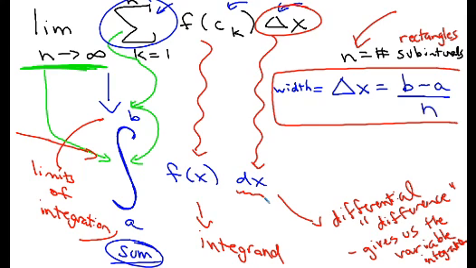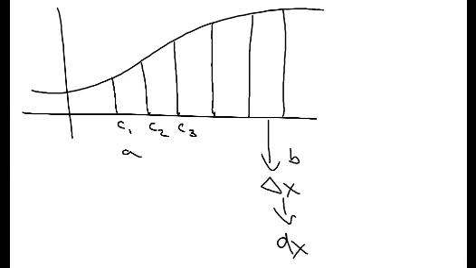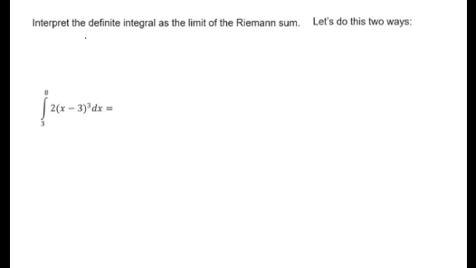See, if I let the number of rectangles go to infinity, up here, I only have 3 or 4 rectangles. But if I let those number of rectangles go to infinity, then the width becomes almost a non-issue. All right? And so it is just represented by that dx, which is just called the differential.